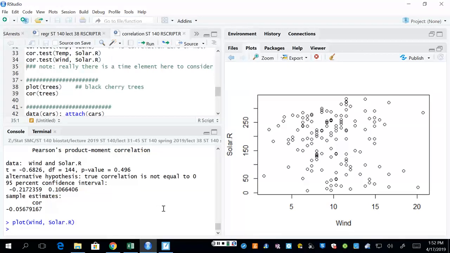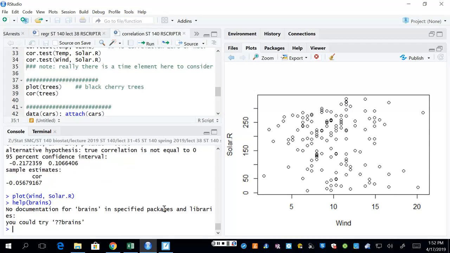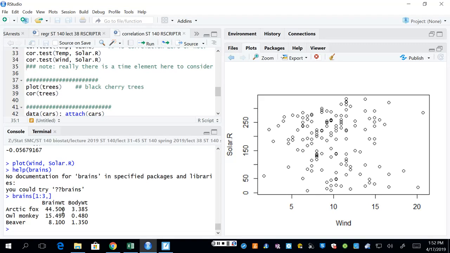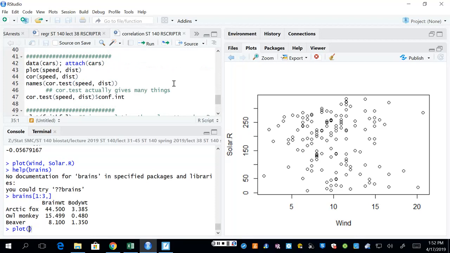This data set is called brains. Let's see, how brains that? No, it's from a different source. So here are 3 measurements that are in this brains data set. Plot body weight as an x variable, and then the brain weight.